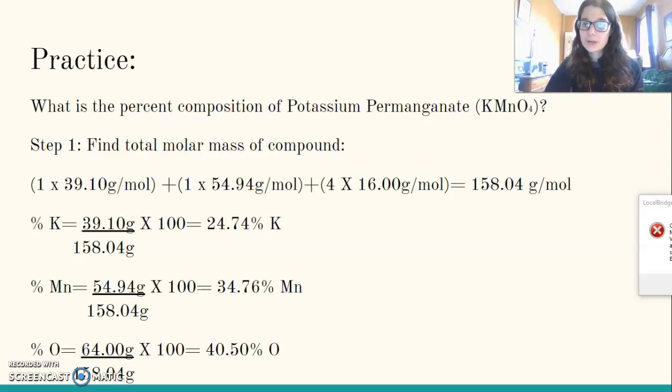And then for oxygen, we have 4 times 16, giving us 64 grams for the numerator, divided by the total molar mass of 158.04, and we get 40.5% oxygen.